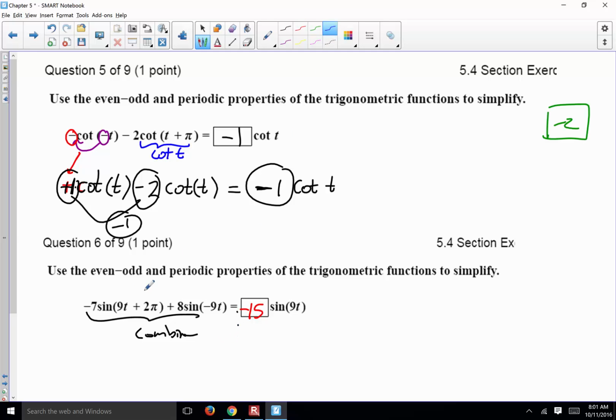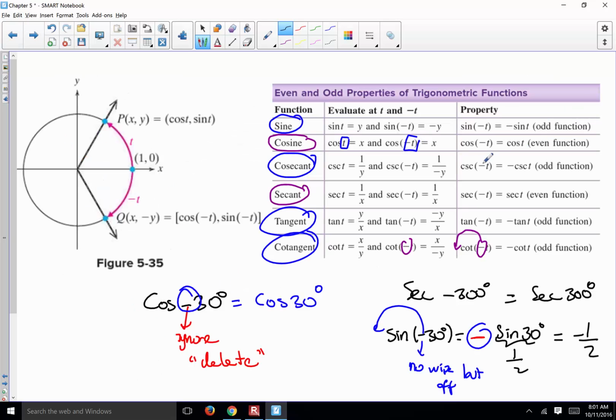Alright, let's check out. When I add 2 pi to the angle of sine, it's still the same, because sine is 2 pi periodic. So this is just sine of 90 minus 7 many sine 90. Alright, sine is odd. Odd means when you have a negative number inside, you can move it out.